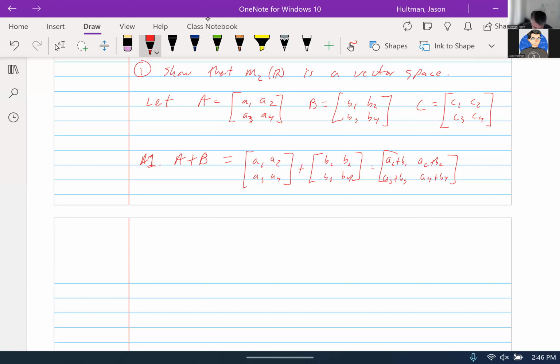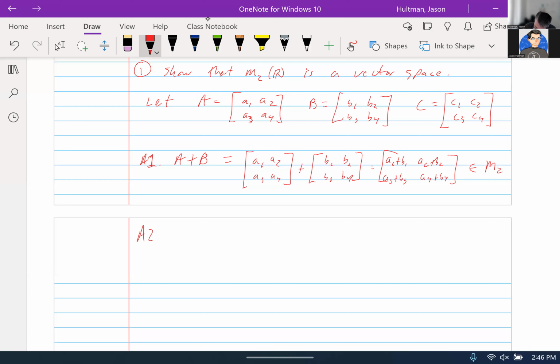And that is an element of M2, so it's closed under what we know as vector addition. You can think of each of those elements as a component, and we're just adding components together depending upon their position.